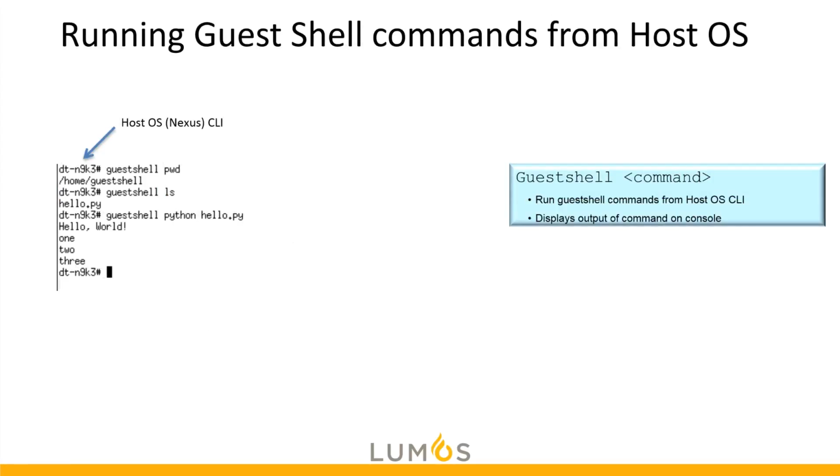Now, running guest shell commands from the host OS: let's say I'm in the guest shell and I run pwd. From the host, instead of just saying guest shell enter, I can say guestshell and then issue the command that would run in the guest shell. This would pass me back the working directory, list the files, and I can, for instance, call guestshell python hello.py, because I know where I am and what files happen to be there.